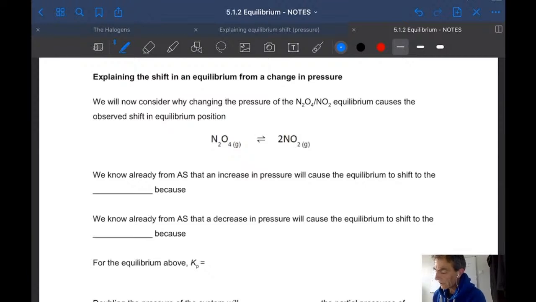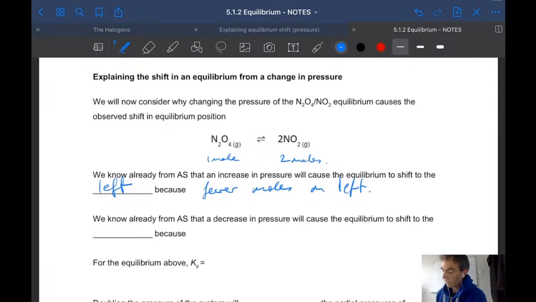We already know from AS that an increase in pressure will cause the equilibrium to shift to the left because there are fewer moles on the left. So we already know that from Le Chatelier's principle. Remember, we've got 1 mole of gas on this side, 2 moles of gas on this side.